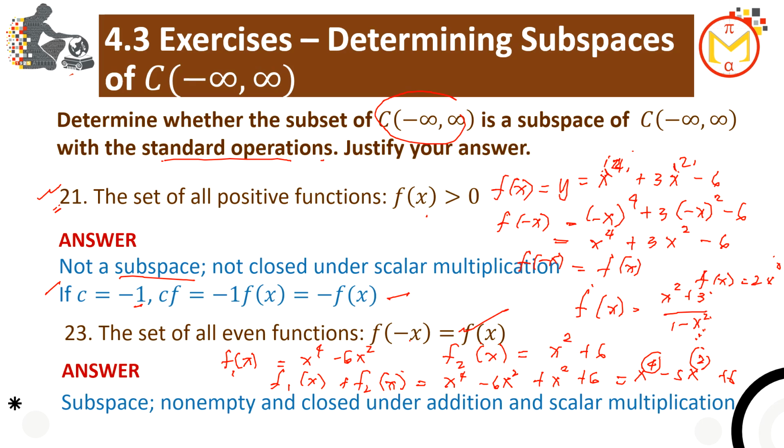Now if you multiply by a scalar, even a negative, let's say your f sub 1 is multiplied by negative 2, x raised to 4 minus 6x squared. It will not change the exponent, it will just change the coefficient.